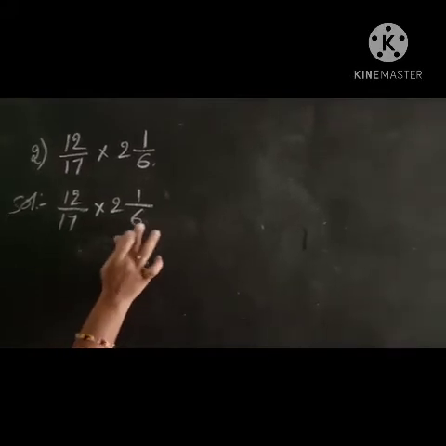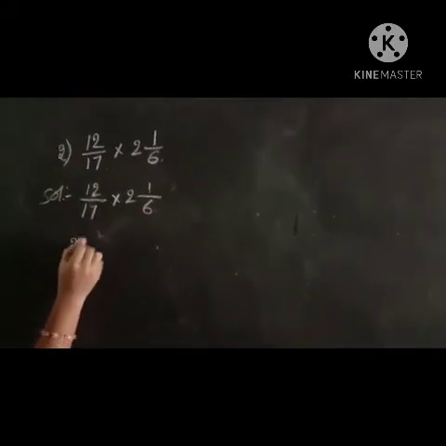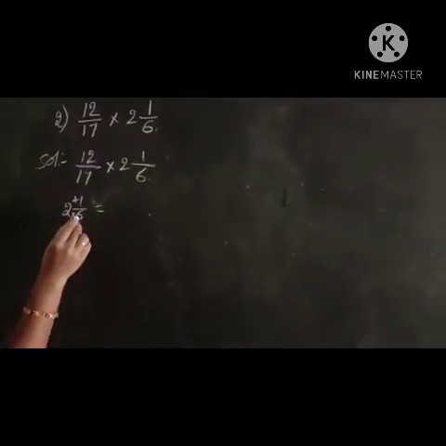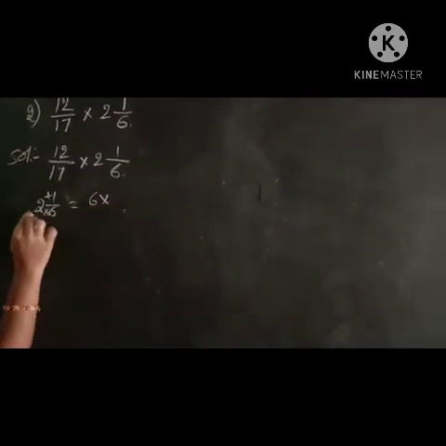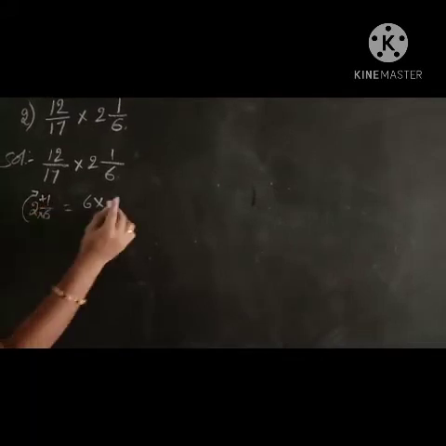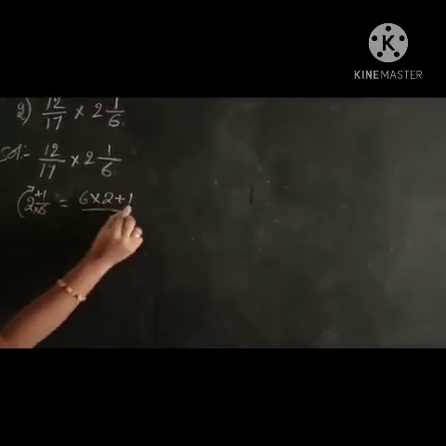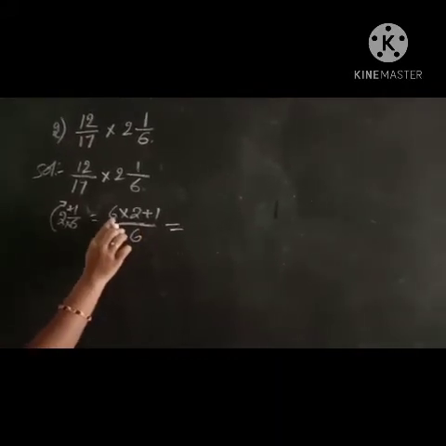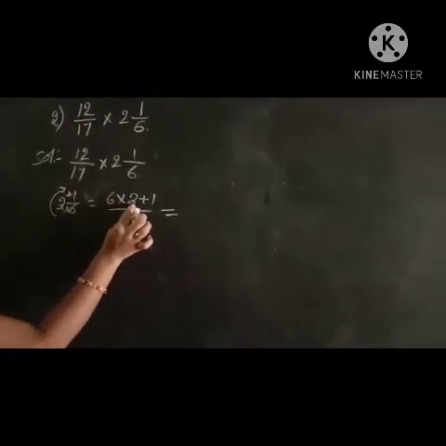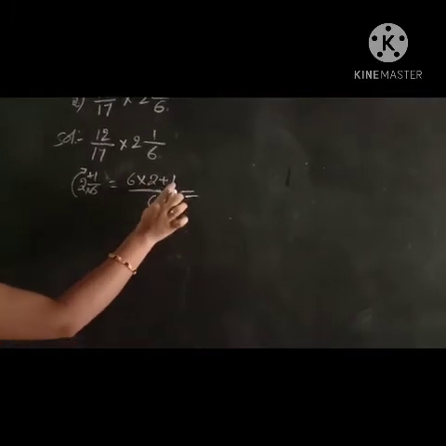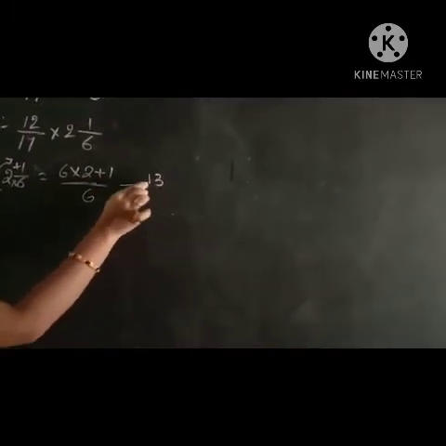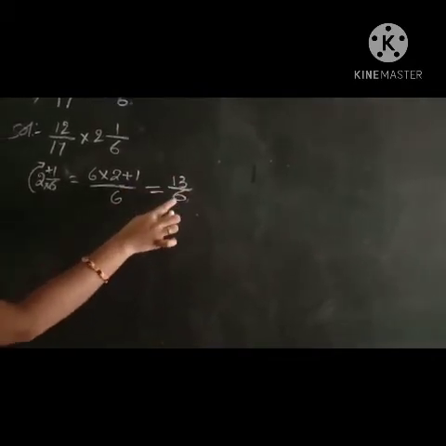First we have to convert this number. 2 1 by 6 equals: multiply and add, 6 into 2 plus 1 by denominator 6. 6 into 2 is 12. 12 plus 1 is equal to 13. So 13 by 6.